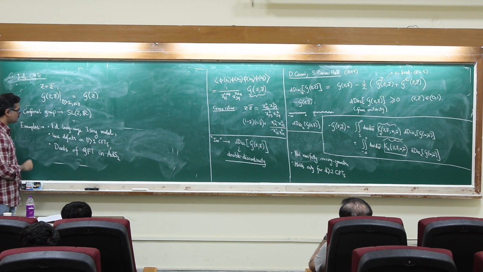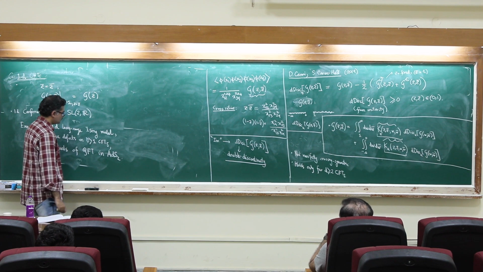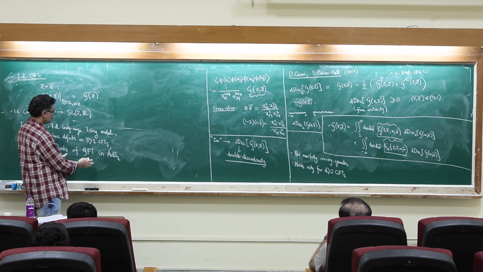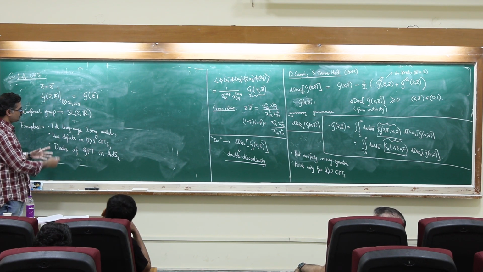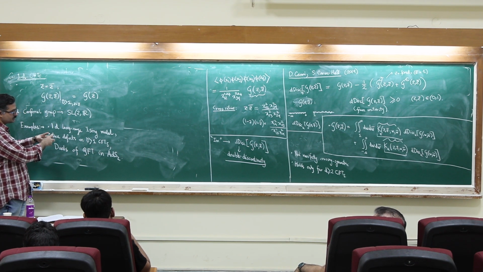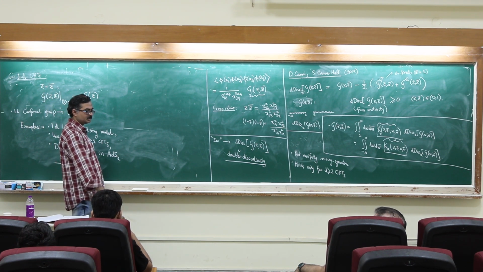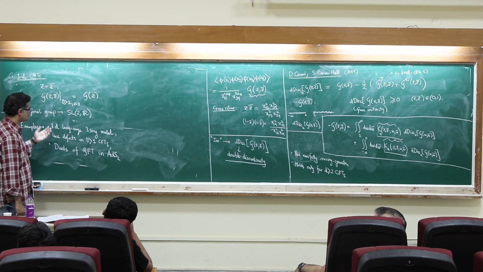If you consider correlation functions of quantum field theories in AdS2, then take the limit where the insertion points go to the boundary, that defines a conformal invariant object because the isometries of AdS2 are essentially SL2R.